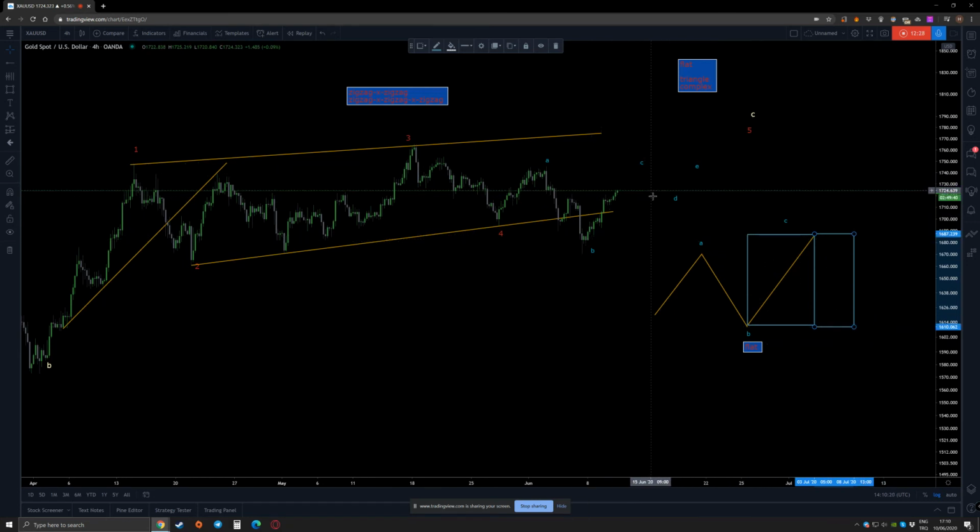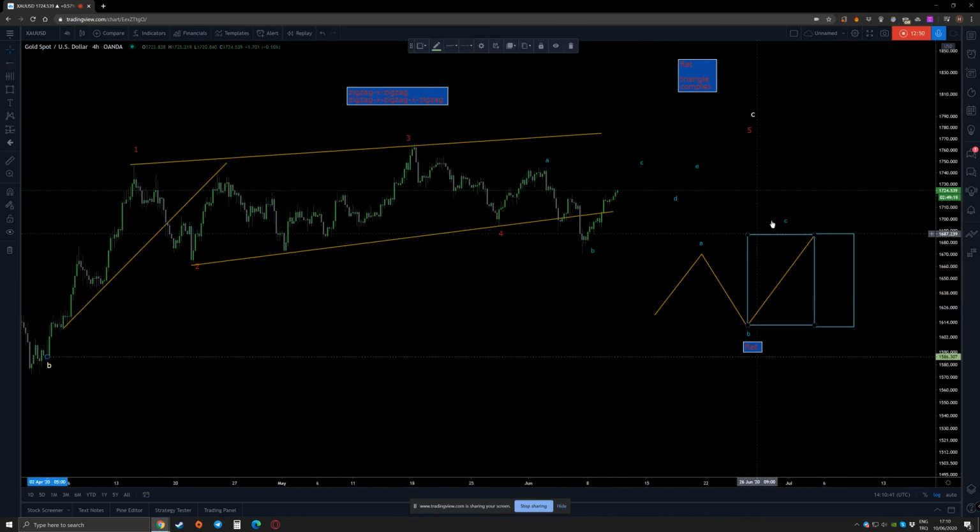Now, if it did the C wave and did go all the way to here, and if the market confirms that this ABC is done and the fifth wave is done, if I'm certain the C wave is done, I would also trade not this terminal move to here, but after this, this main scenario. So you have a couple of options.